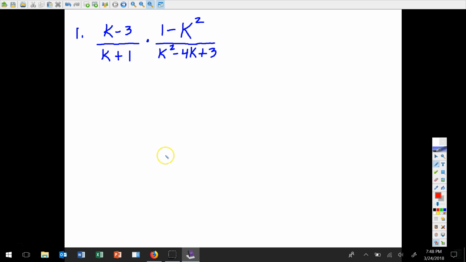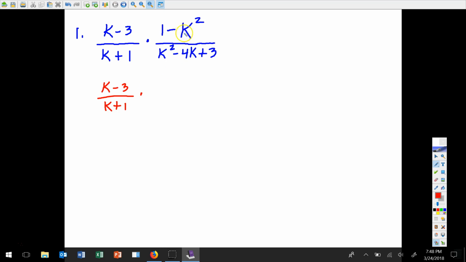We're told to simplify each expression, and this is the multiplication of two fractions. The way we go about simplifying these is, first of all, we want to factor everything we can. This left fraction, both parts are prime, so nothing to factor there. There's really two ways of handling this.